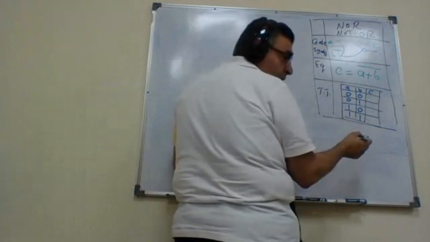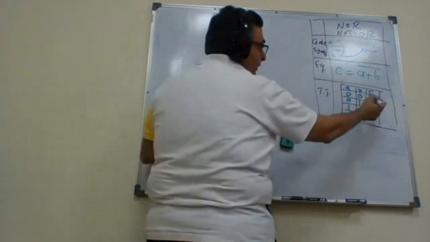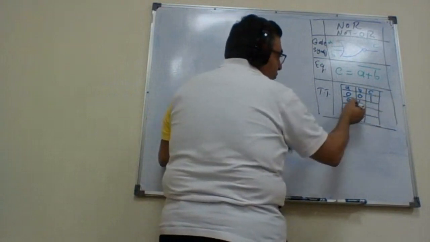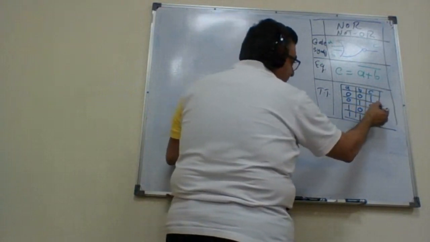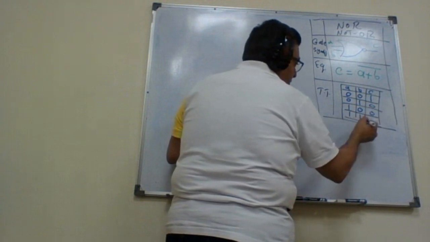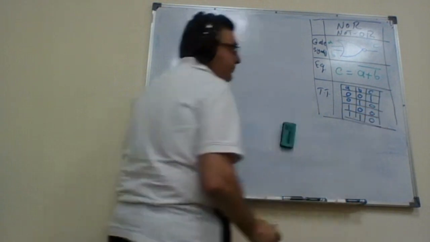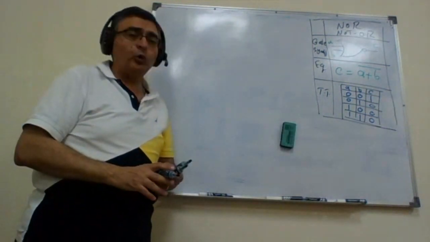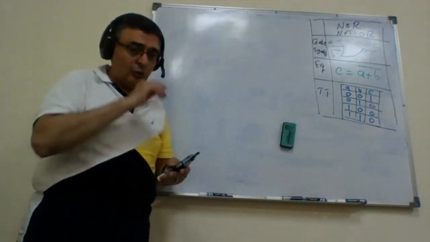Since it is NOR, not OR: 0 NOR 0 is 1, 0 NOR 1 is 0, 1 NOR 0 is 0, and 1 NOR 1 is 0. So it is the negated logic of the OR, which is called the NOR.